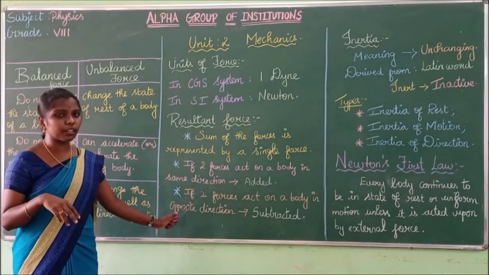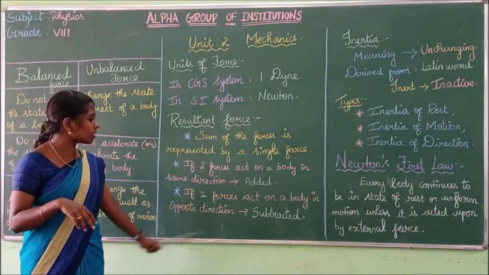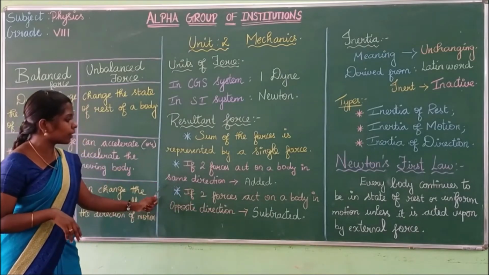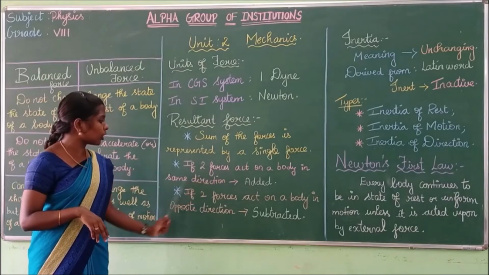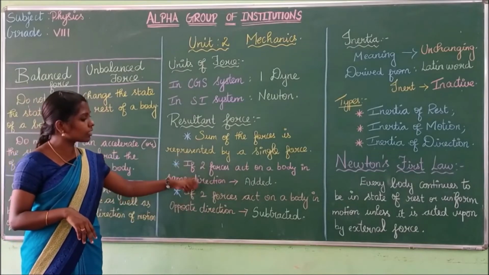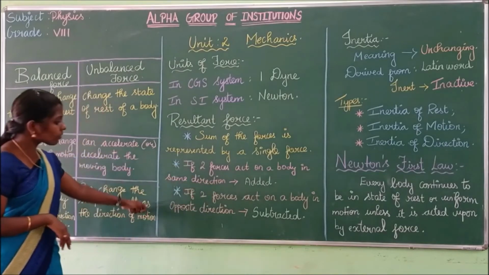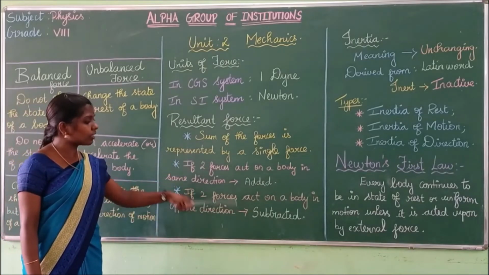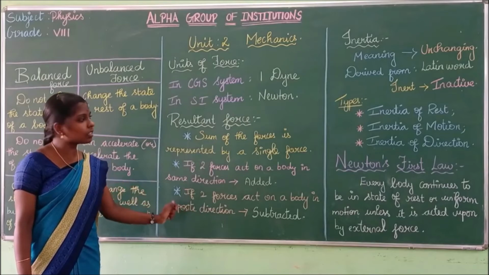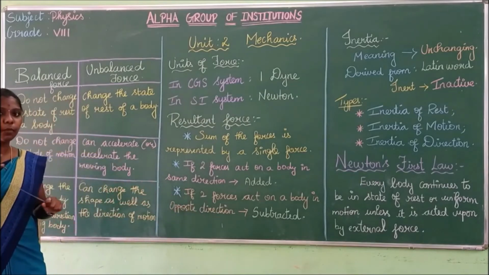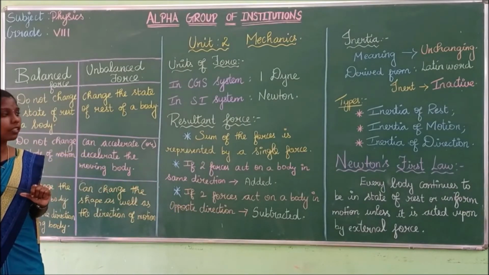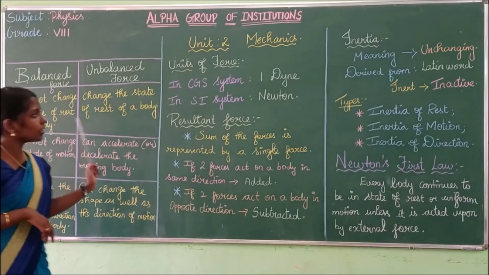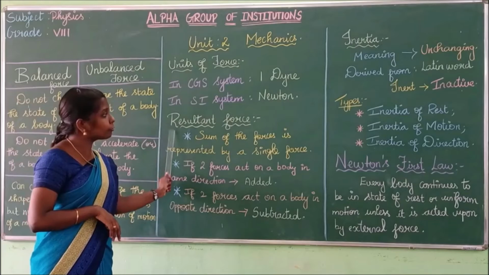So the resultant force, the sum of multiple forces represented by a single force, is also called the net force.